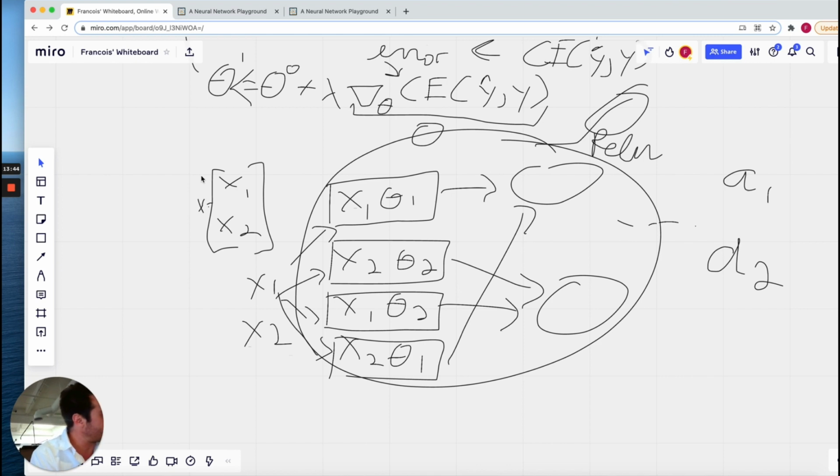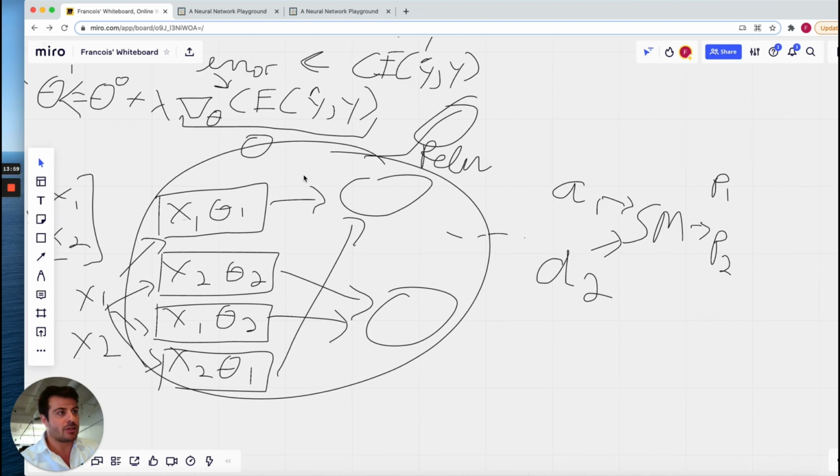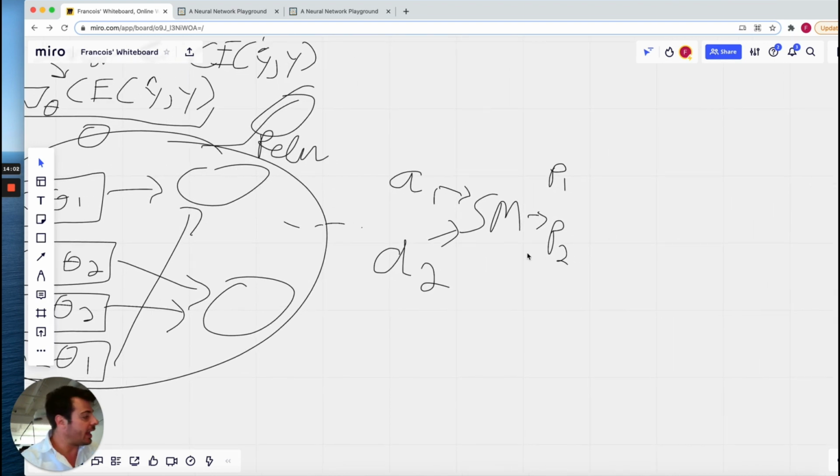You can look up the function, but for simplicity, I put it through a softmax function or a sigmoid, and then it comes out to be probability of class 1, probability of class 2, and these do sum up to 1. Then those go into my cross entropy model, my negative log likelihood, whatever you want to call it. We'll treat this P as my y hat. It doesn't really matter; you can treat either one. So that's my y hat, and that goes in here, and y.